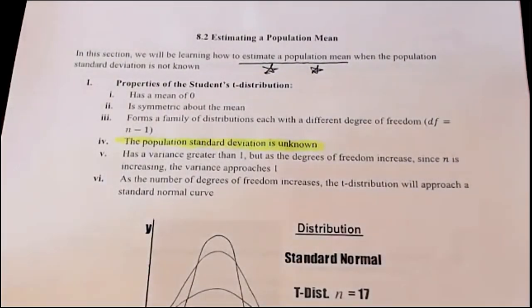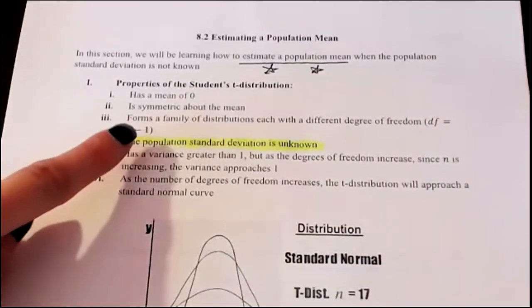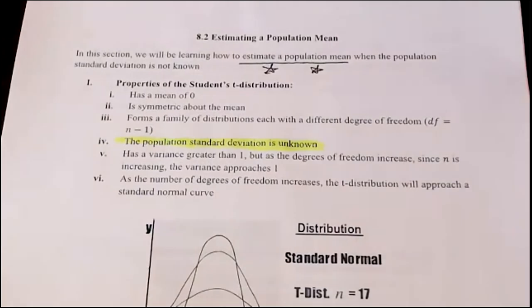It's also very important to understand that as the number of degrees of freedom increases, which by the way, degrees of freedom is n minus 1. We know that n represents the total number of items in our set, so it's going to be 1 less than that. If we have 30 people in our sample, then the degrees of freedom are 29. It's just going to be 1 less.